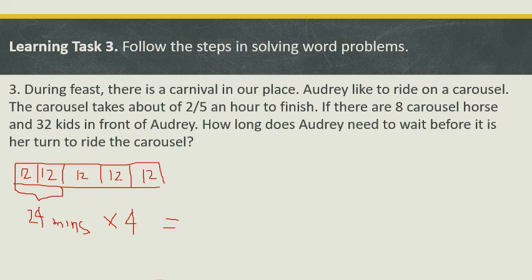So, 24 times 4 is 96. So, Audrey have to wait 96 minutes para po makasakay siya sa carousel. So, yung 96 minutes is equivalent to 1 hour and 36 minutes.